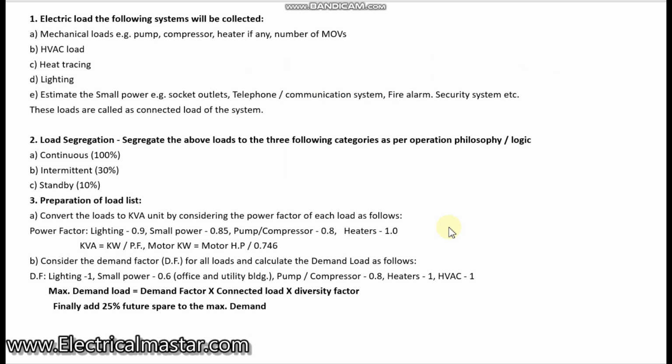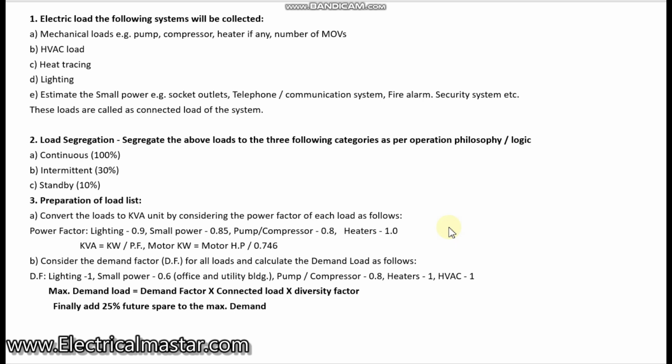Then based on these loads you have to segregate the load with their load duties. Second is load segregation with their load operating duties or operating philosophy. Some loads we operate continuously, for those loads we consider the load duty factor as 100%.